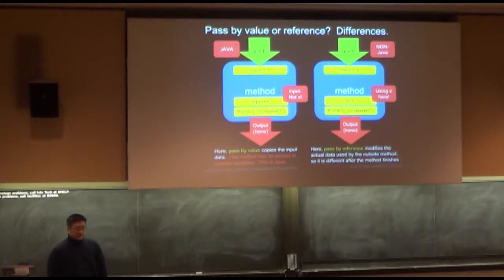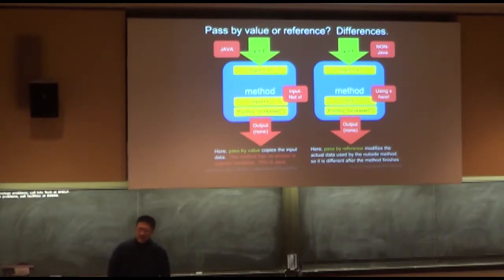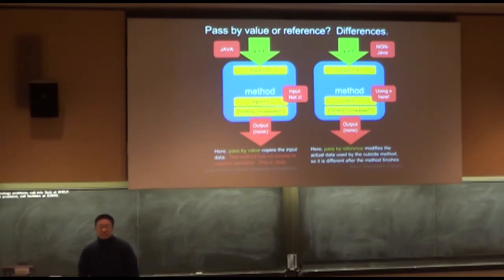Yes. So if you wanted to change a pass by reference language to behave like a pass by value language, you would deliberately make a new variable. I don't know, y is a good example. And you would do all of this stuff on y.